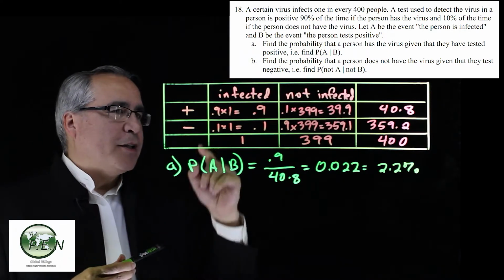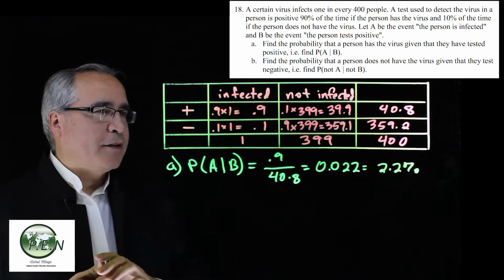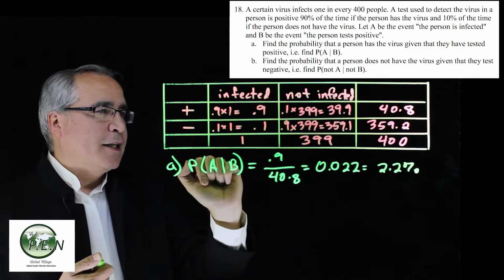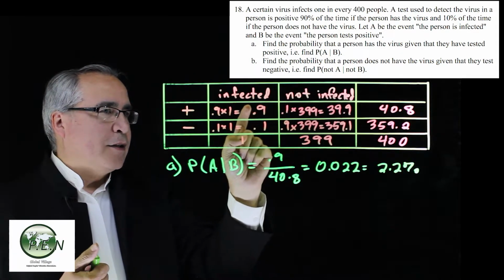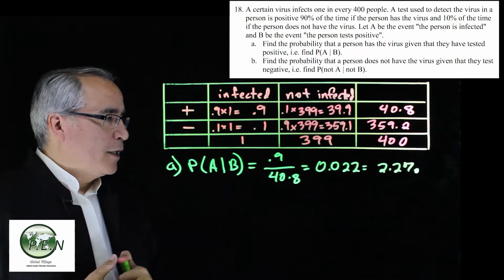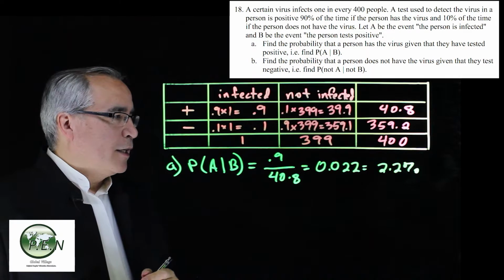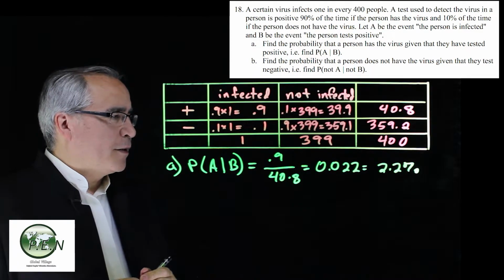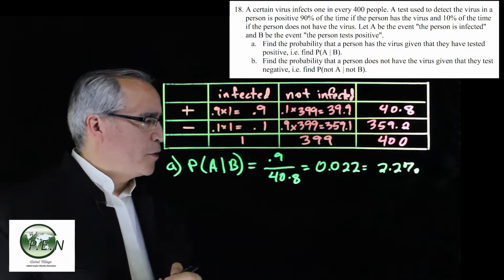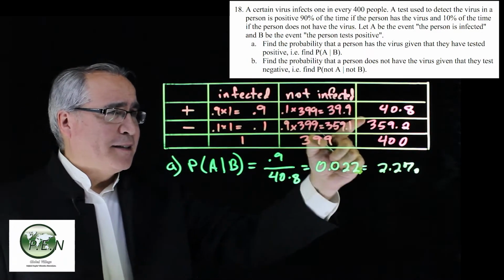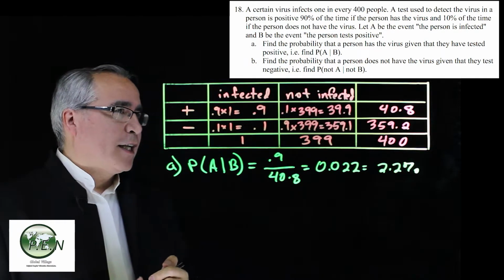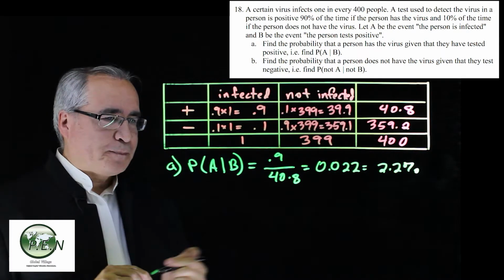That means if the person tested positive, so we're here, there is a 2.2% chance that the person actually has the virus. Doesn't seem so good. Okay, so the person tested positive, 2.2% chance that they actually have the virus.